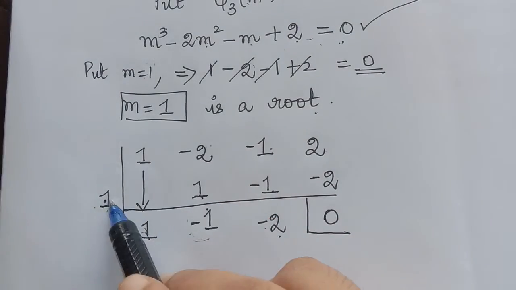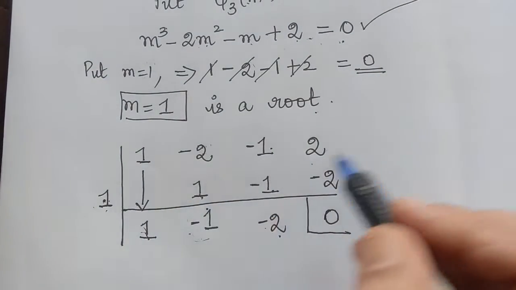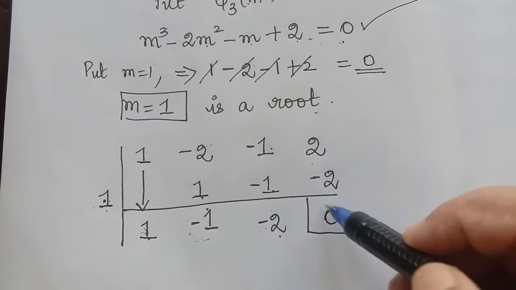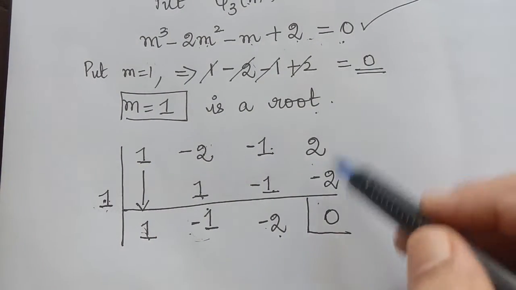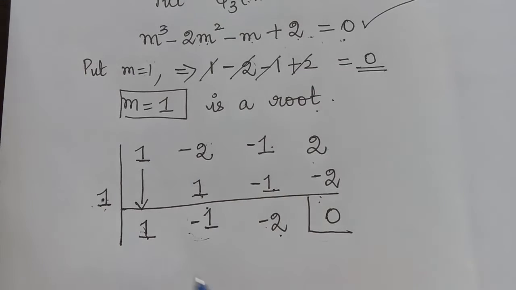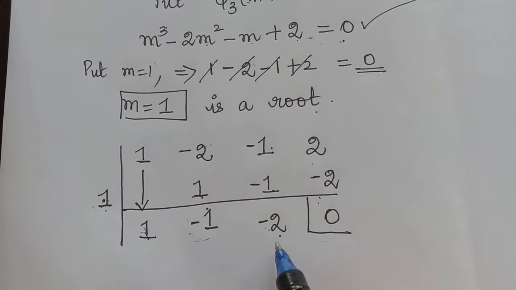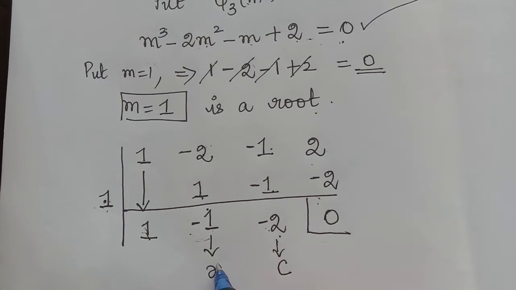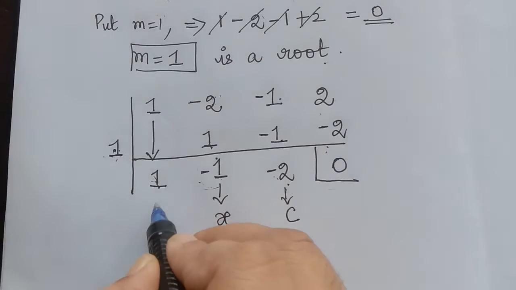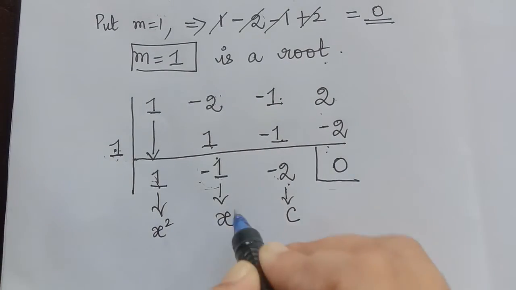If this is a root, then it should exactly divide this equation so that you get the remainder as 0. After getting the remainder as 0, using these terms, we write the quadratic equation. The last term will become the constant term, the middle will become the coefficient of the x term, and the first will become the coefficient of the x squared term.